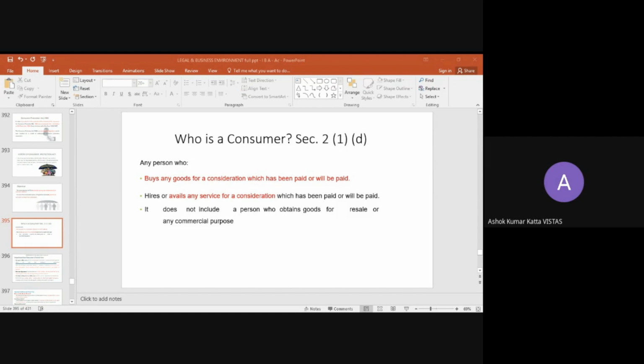Normally, the buyer who is directly paying money and getting services is the person who will be called a consumer.